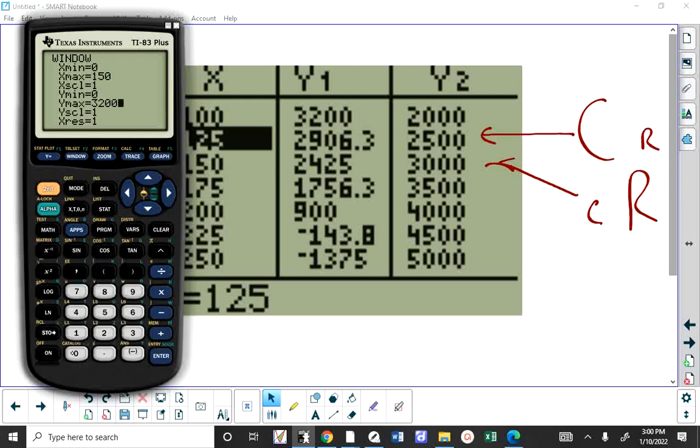This is one of the most frustrating things for me. I can find a good picture on my graph, but it's incredibly difficult to explain it to students how they can do it. If I had my choice, I would just solve this algebraically, but you don't know how yet. Yeah, there we go.